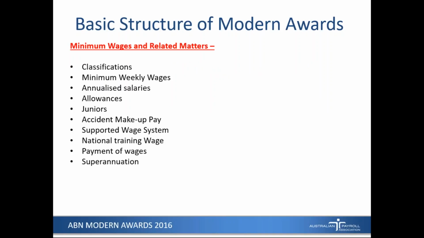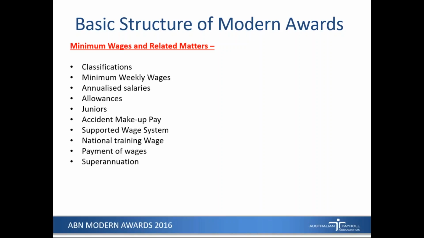Okay. Now that we've looked at the types of employment, so we've hired them either as a part-time, full-time or casual employee, and we've looked at how we're going to terminate them, let's see what we're going to pay them whilst they're employed. And this is usually Section 5 of your modern award. It's your minimum wages and related matters.